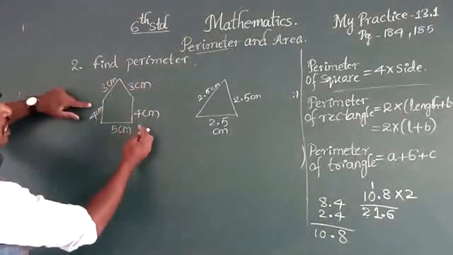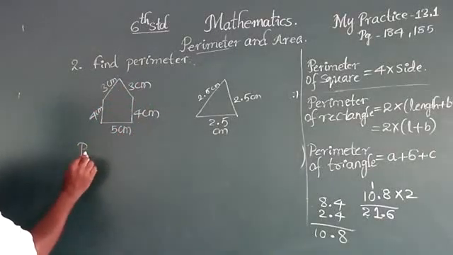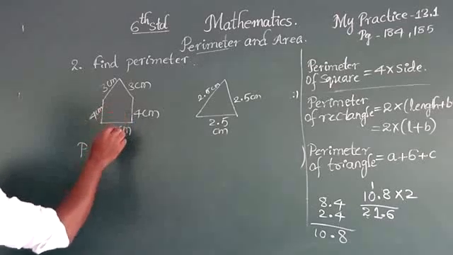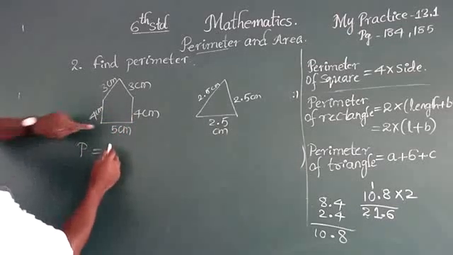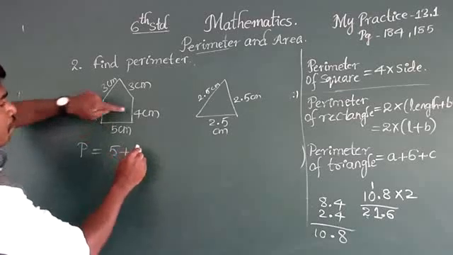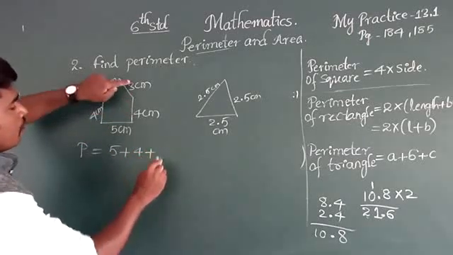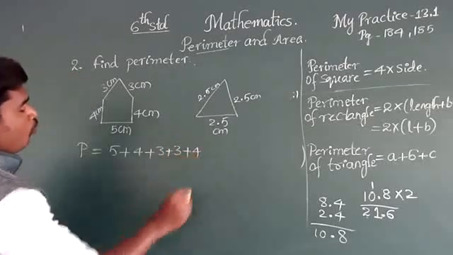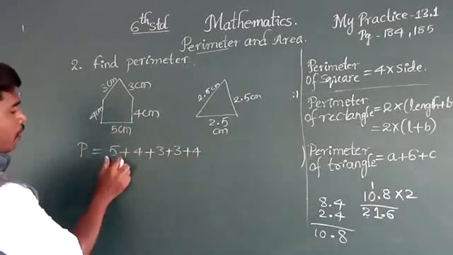Okay. So here, find the perimeter of these figures. Perimeter is equal to the sum of its sides of this diagram, that is 5 plus 4 plus 3 plus again 3 plus 4. Again don't take 5, 5 is already taken.